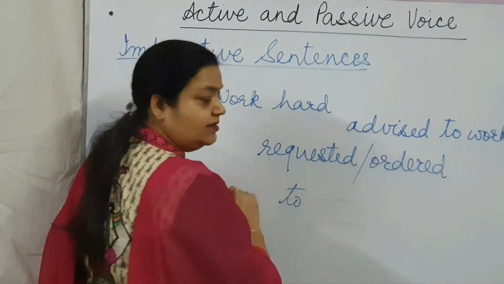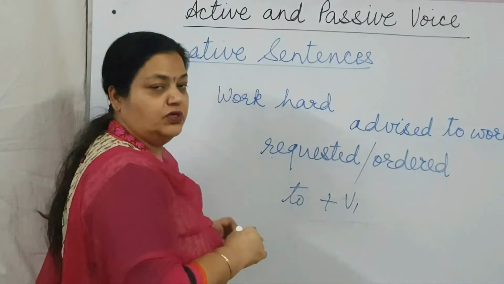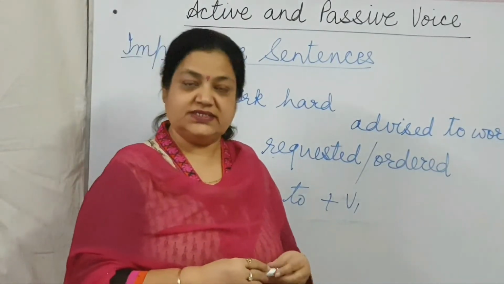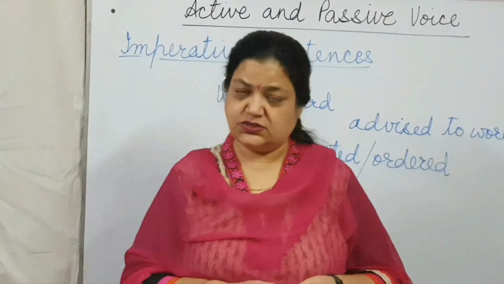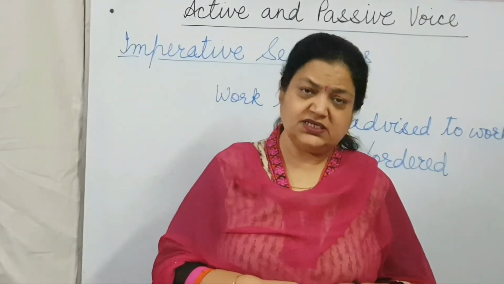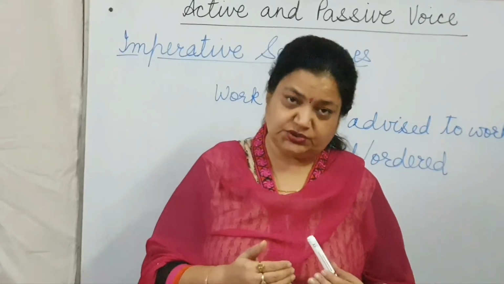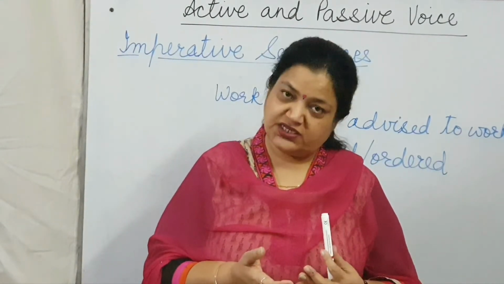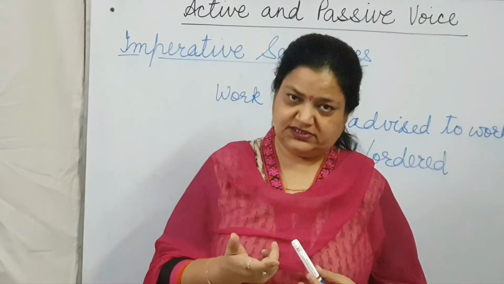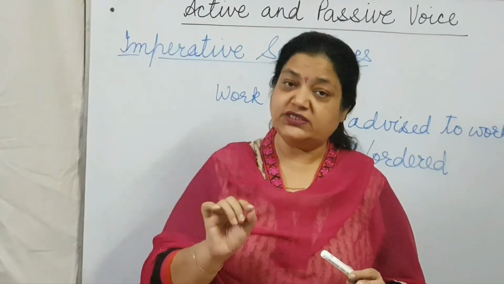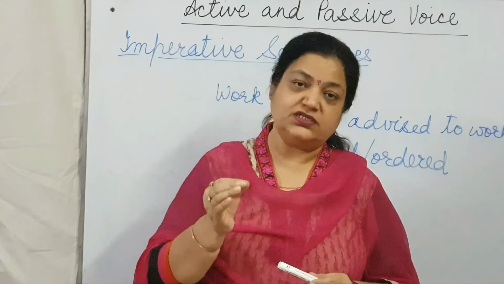Then to is added and the first form of verb is added to such sentences. And as far as interrogative sentences go, they remain in their form of a question. The tense is changed as we change it in our normal tense sentences, but its form of a question does not change. It remains an interrogative sentence only.